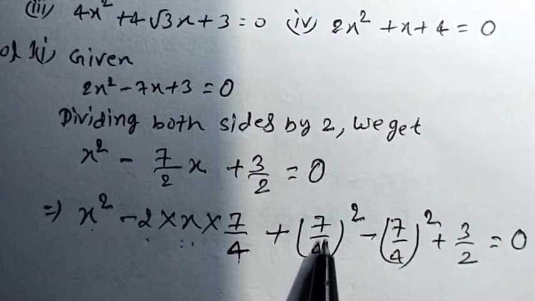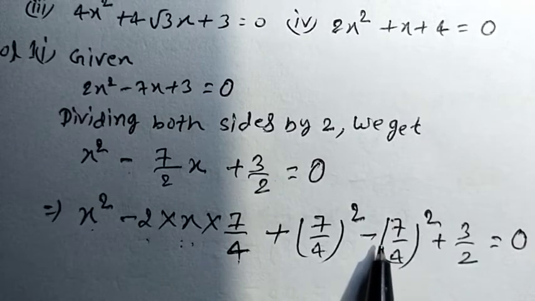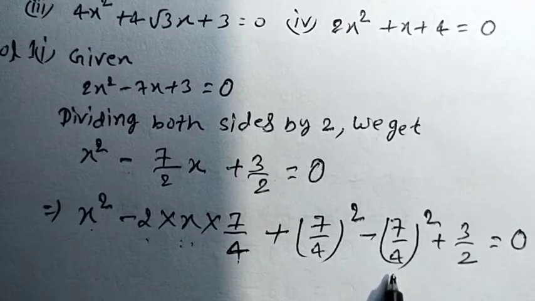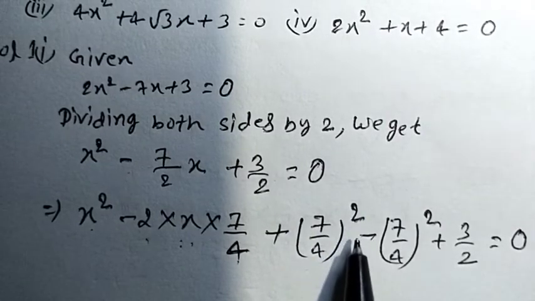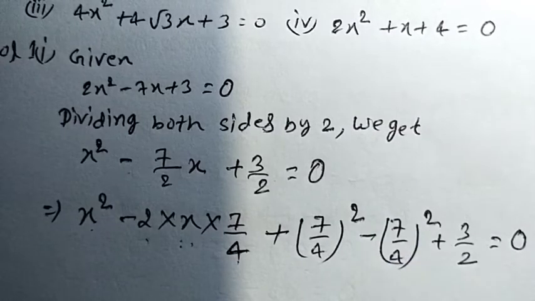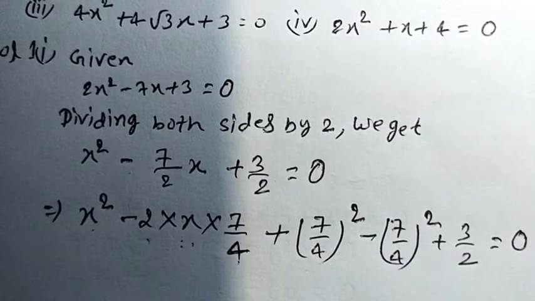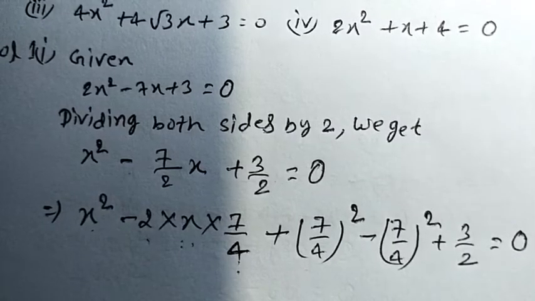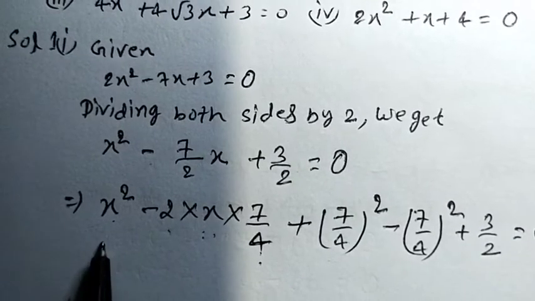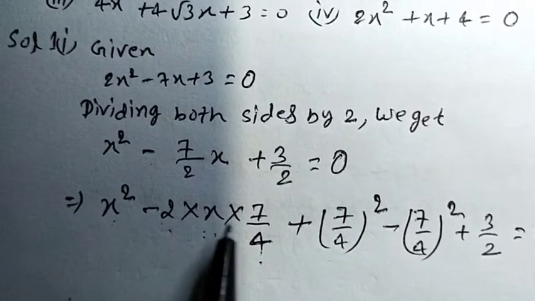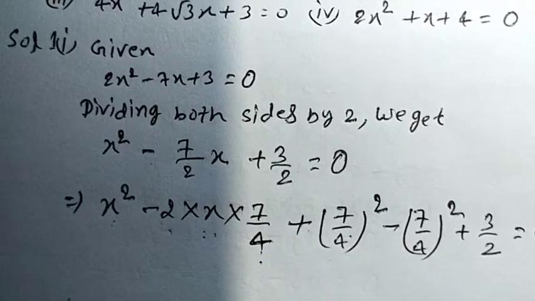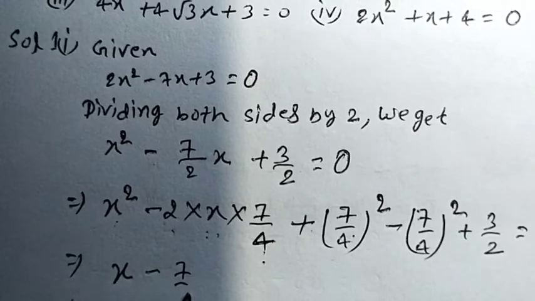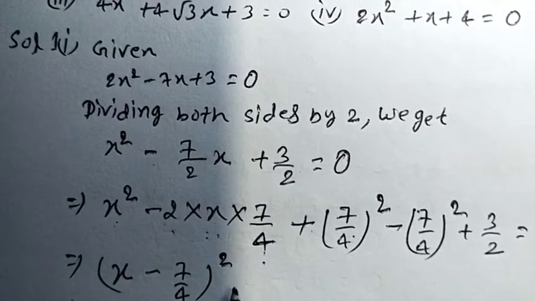We add 7 by 4 the whole square and subtract 7 by 4 the whole square, so the net value is 0. Now this is the formula a square minus 2ab plus b square, so we write a minus b the whole square.